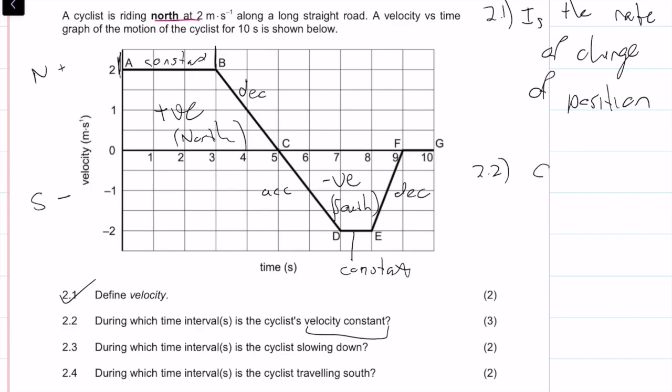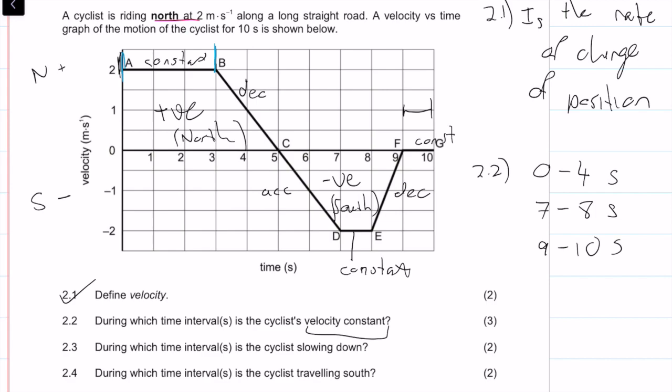Constant velocity is from 0 to 4 seconds, and then also from 7 to 8 seconds. And then also don't forget here we've got a constant velocity, which would be 9 to 10 seconds.